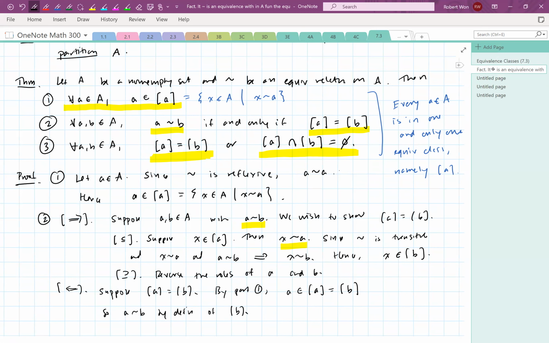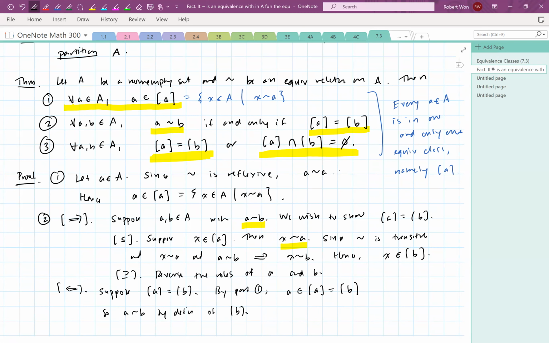Again, anytime you do casework, you should make it very clear to your reader that the two cases cover every situation. Now in the first case, we're done. I need to show that either this happens or this happens. In the first case, the second thing just happens. So I might as well assume that we're in case 2.